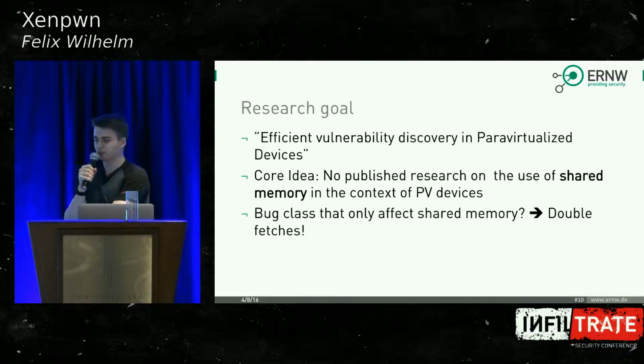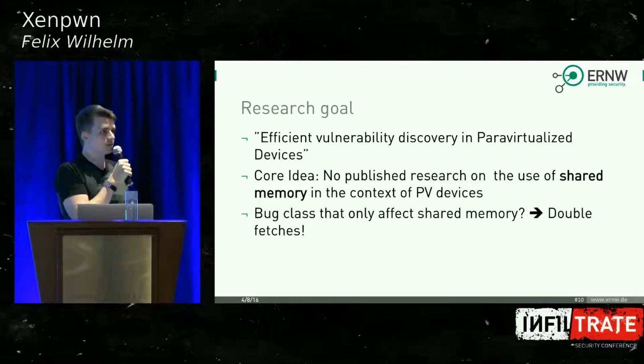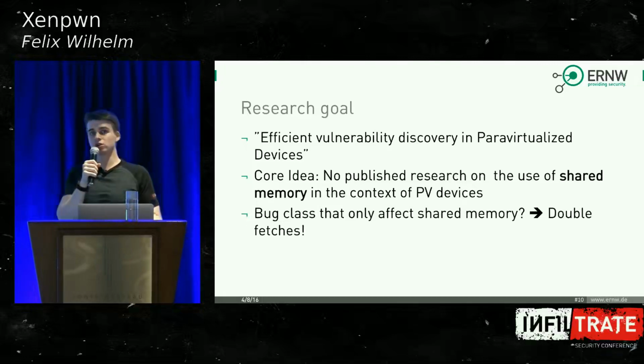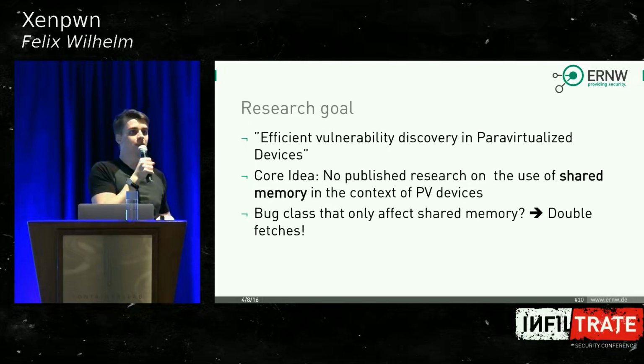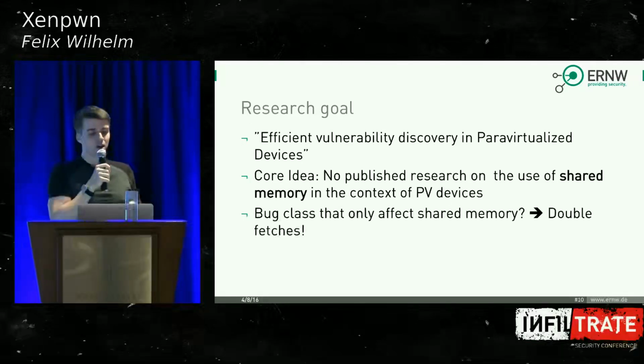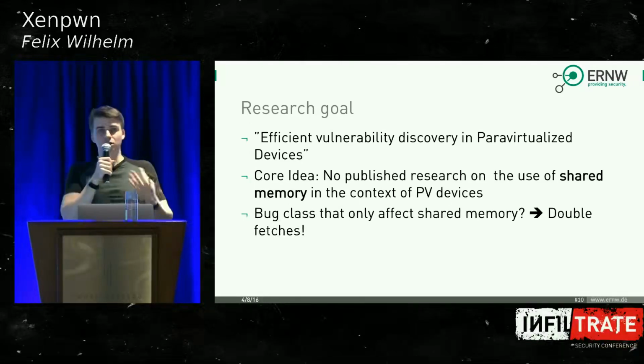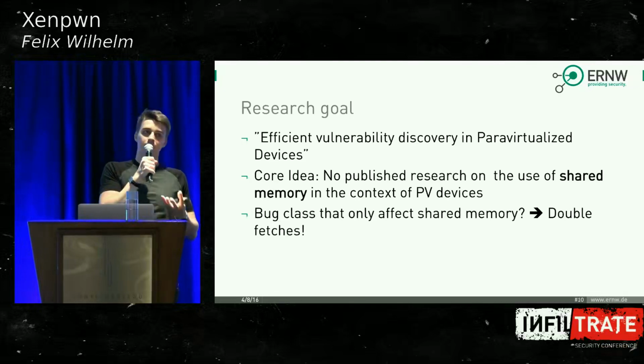So this whole stuff was part of my master thesis basically, and my goal was to find an efficient way to discover vulnerabilities in para-virtualized devices. By efficient, I mean it shouldn't be completely manual.